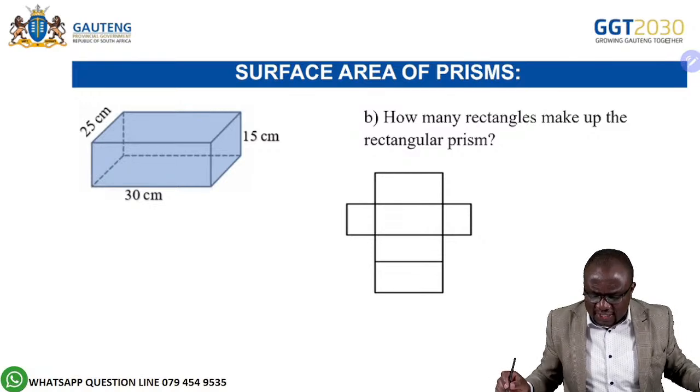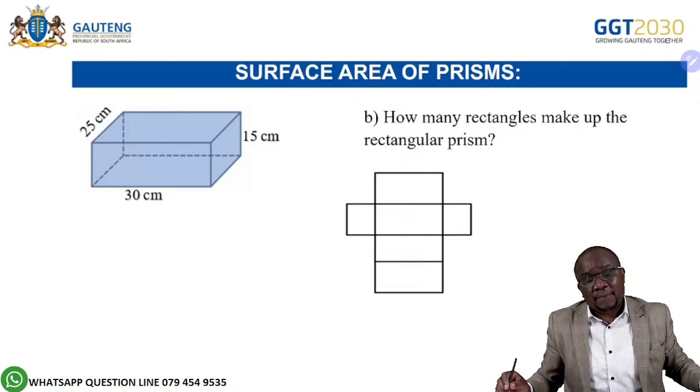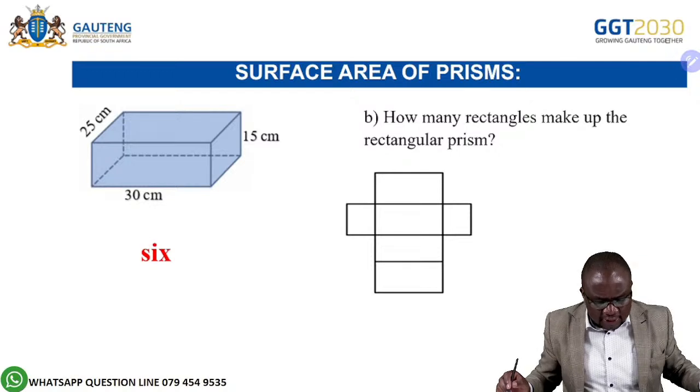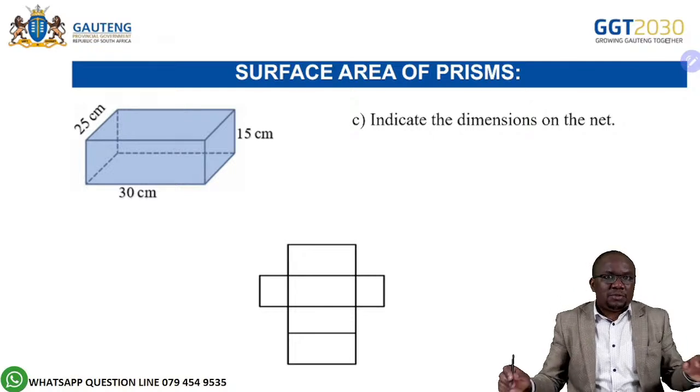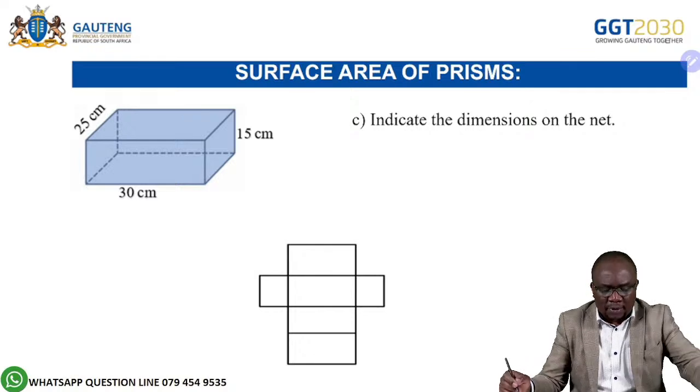Right, how many rectangles made up the rectangular prism? We have said that there are 6 of them. 6 rectangles. Right, 6 rectangles there. And then indicate the dimensions on the net. I want us to look at these rectangles now, and then we're going to talk about those dimensions.